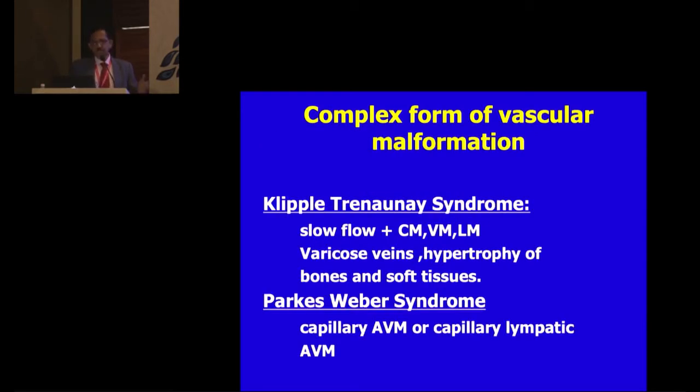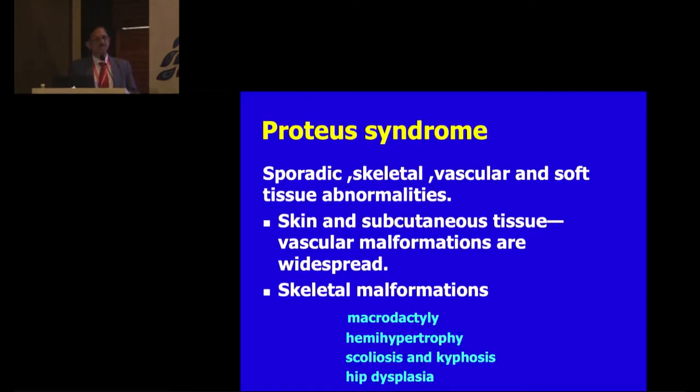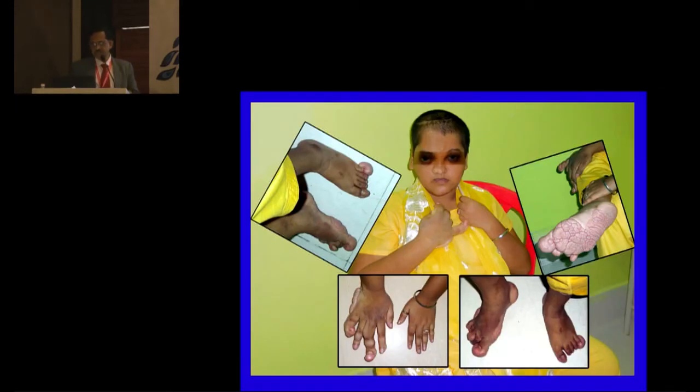There are certain complex forms of vascular malformations: Klippel-Trenaunay syndrome and Parkes Weber syndrome. These are the clinical examples. And Proteus syndrome is another syndrome where, along with the vascular malformations, there are malformations of other parts also. This is widespread involvement, and it causes macrodactyly, hemihypertrophy, scoliosis, kyphosis, and so on.